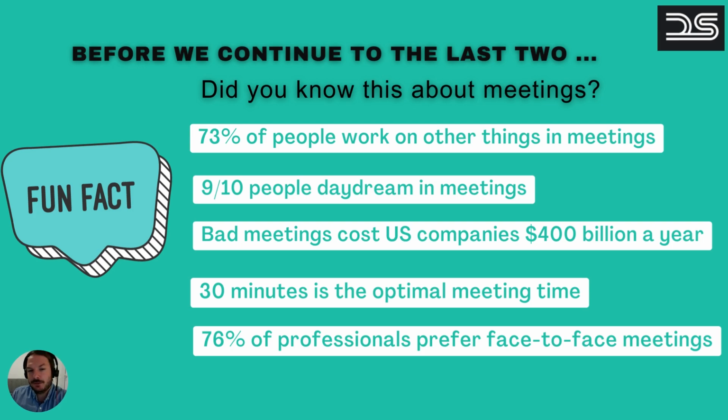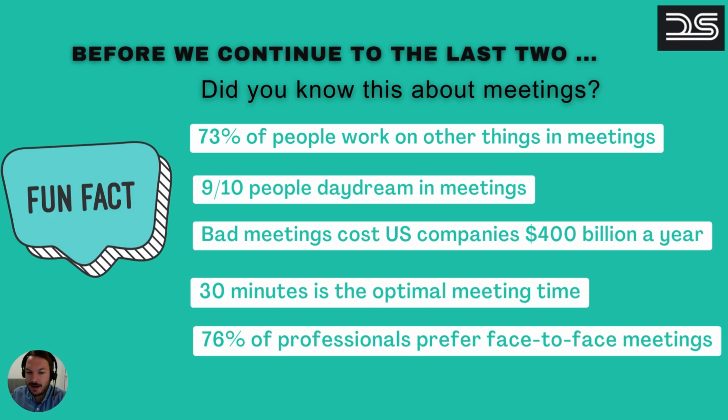Before we continue to the last two, did you know this fun fact about meetings? Or these fun facts about meetings? 73% of people work on other things in meetings. 9 out of 10 people daydream in meetings.